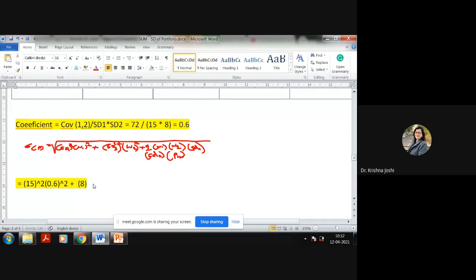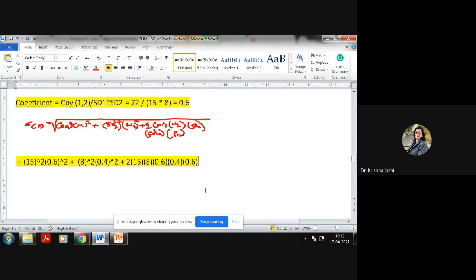What is standard deviation 2? 8, 8 square into 0.4 square, plus 2 into 15 into 8 into 0.6 into 0.4 into 0.6, and this 0.6 is what? Our coefficient of correlation, right? Tell me the final answer after the square root of it.